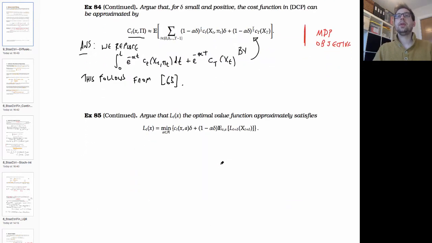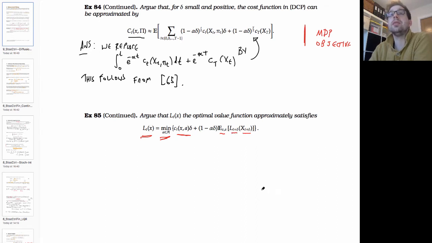So the optimal value function, as given by the Bellman equation, is the minimum over the instantaneous costs plus the expected value, given the current state and the action that you choose, of the optimal value function at the next time and the next state.